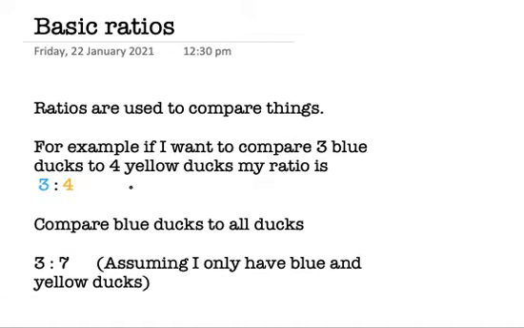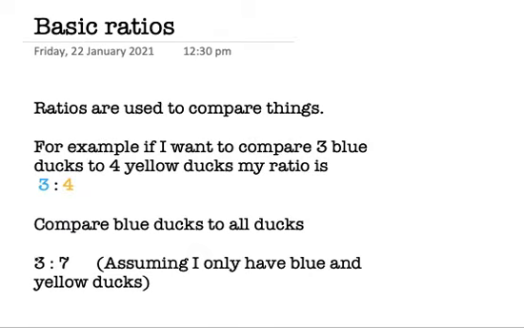I can also choose to compare, for example, blue ducks to all of the ducks. So I have 3 ducks that are blue, and the total number of ducks I have were what? I had 3 blue and 4 yellow, so add them up, that's my total, 7 ducks.